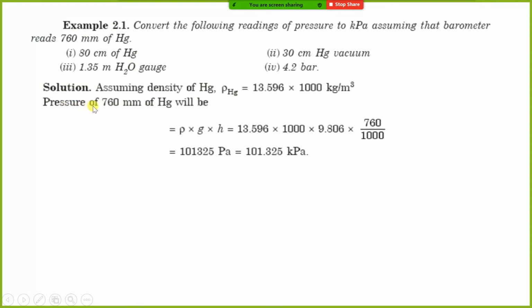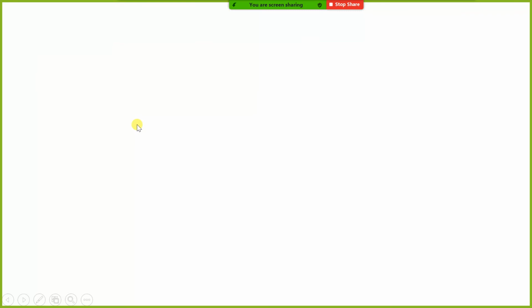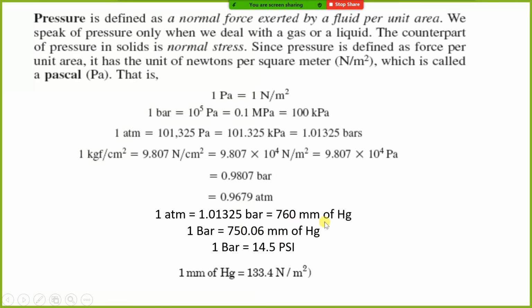The pressure of 760 mm of Hg will be, the formula for pressure is rho gh. We have already seen that 760 mm of Hg is equal to 1.01325 bar. Let us calculate how this has come.